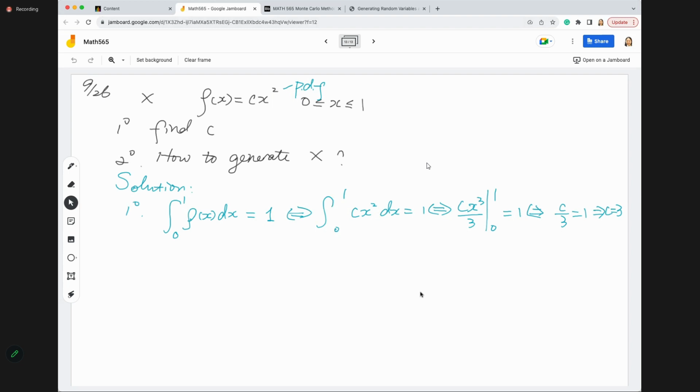All right, then how should we generate x? So same thing. We have density function, then we need to find cumulative distribution function, so CDF.